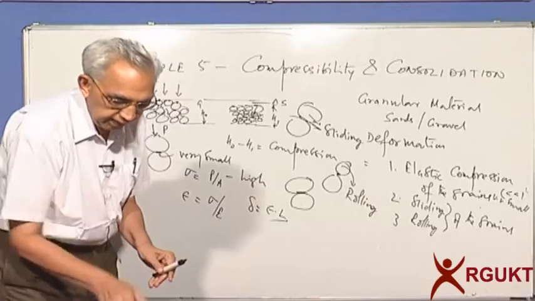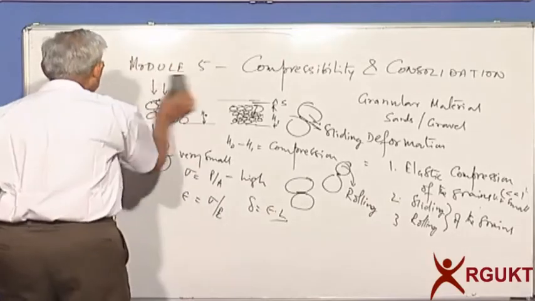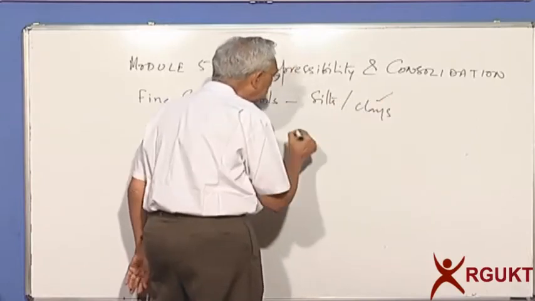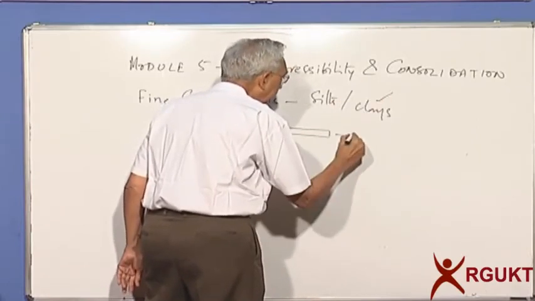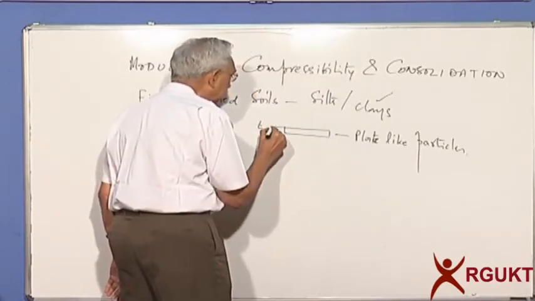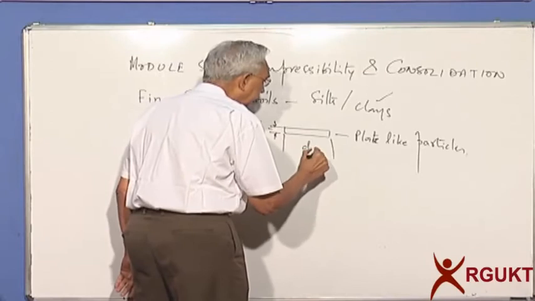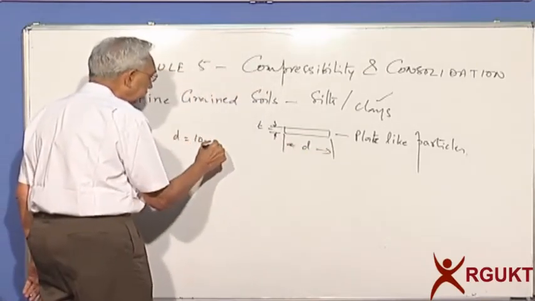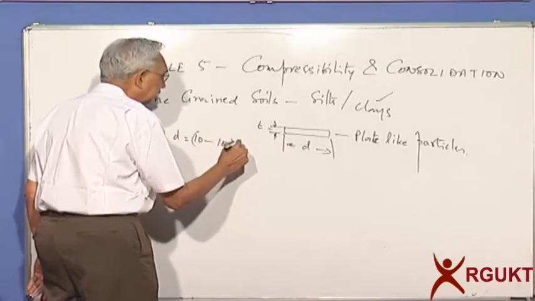In case of clays or fine-grained soil, silts and clays particularly, we know that clays are plate-like particles. So this thickness T and the diameter D are very different. D can be 10 times to 100 times the thickness.